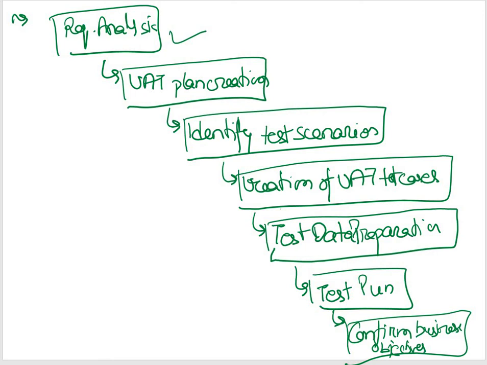In case of your analysis of business requirements, this becomes one of the major important activities in your user acceptance testing. The idea is to identify and develop the test scenarios. Your test scenarios will be derived from your business use cases, your process flow diagrams, your business requirements documents.